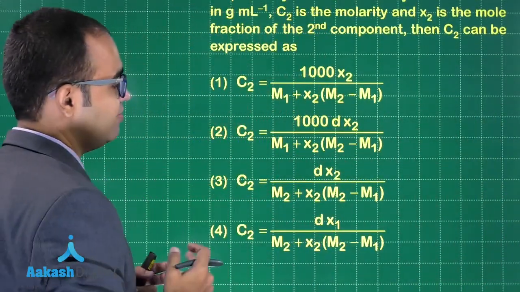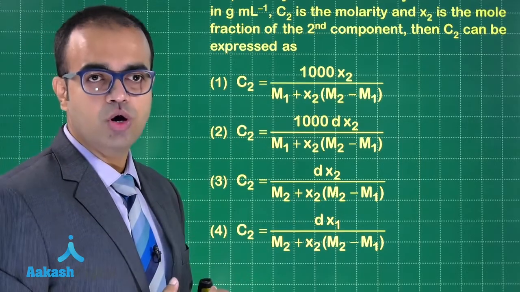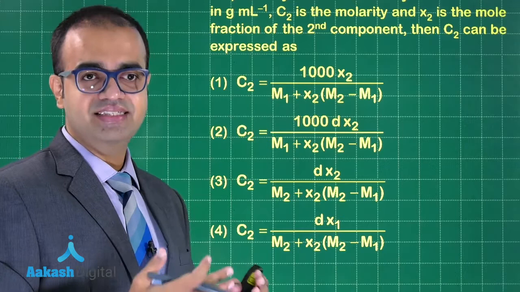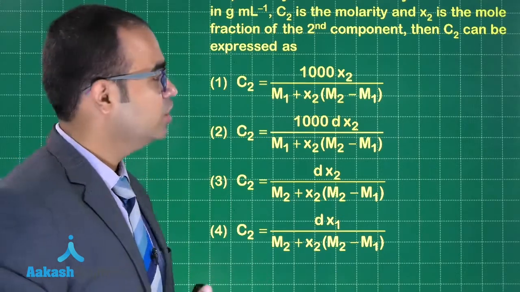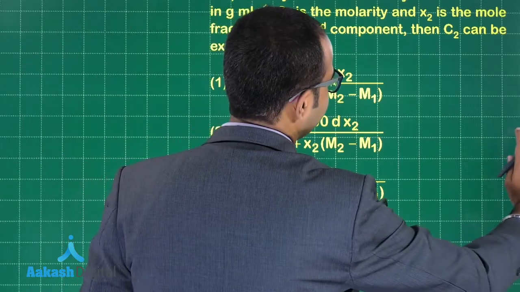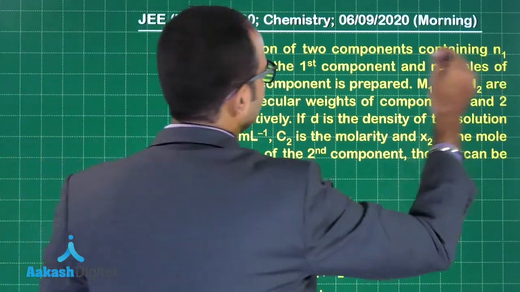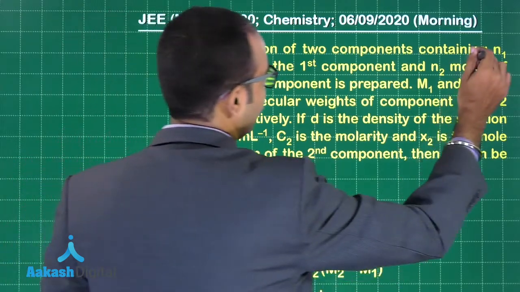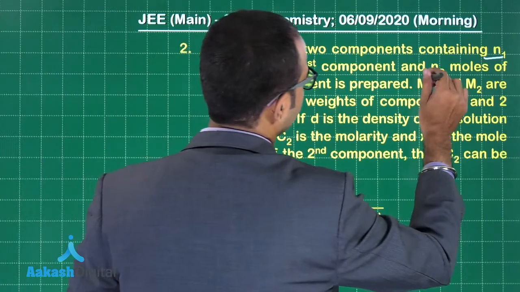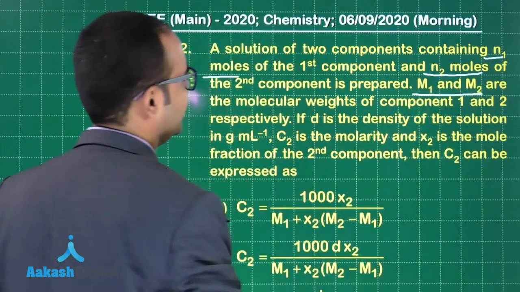So what we have to do is, we have to express the concentration in terms of mole fraction and density and molar masses. So how we will go about it? Let's see. First of all, let us mark all the important things which are there in the question. So what we have is N1 moles of the first component, N2 moles of the second component, molar masses are there.